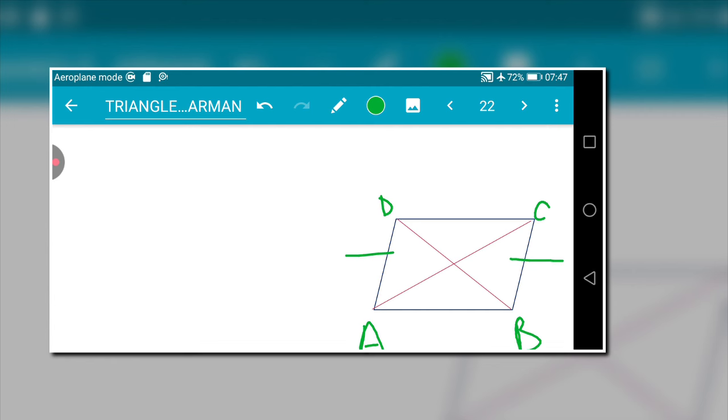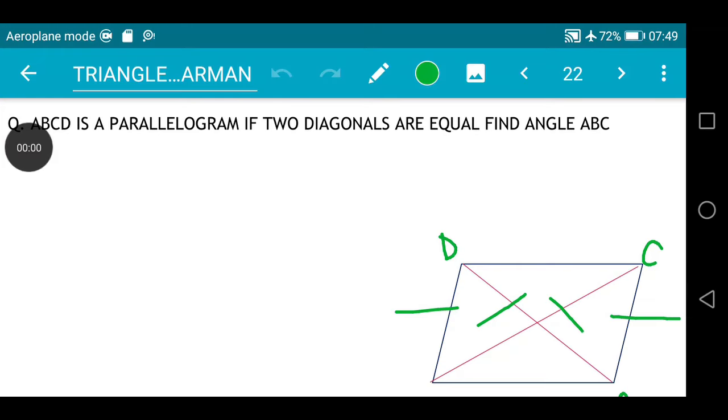So if opposite sides are equal, BD is equal to CA. Why? Because the two diagonals are equal. What is given? Diagonals are equal.